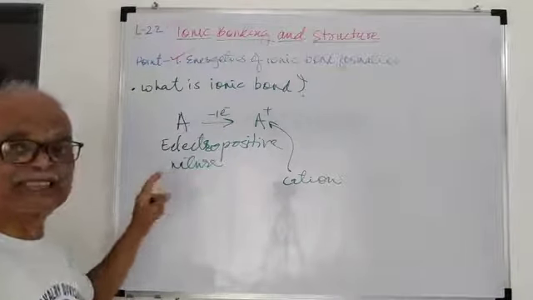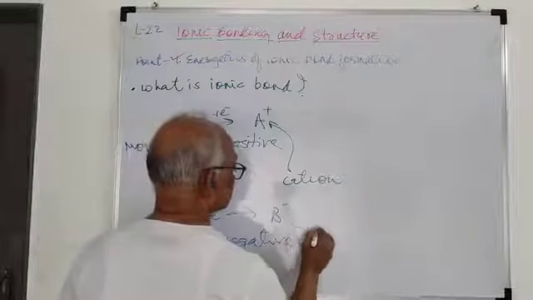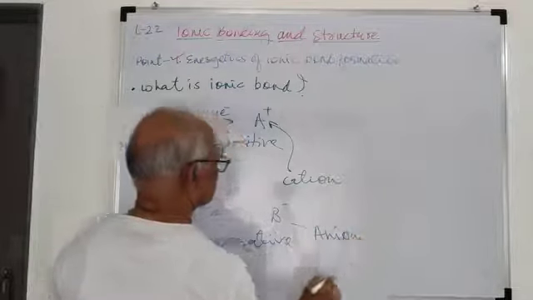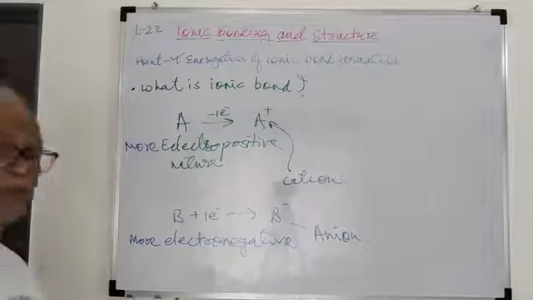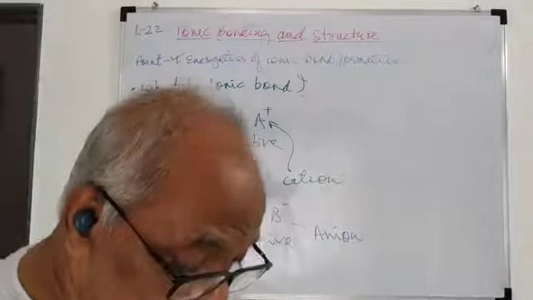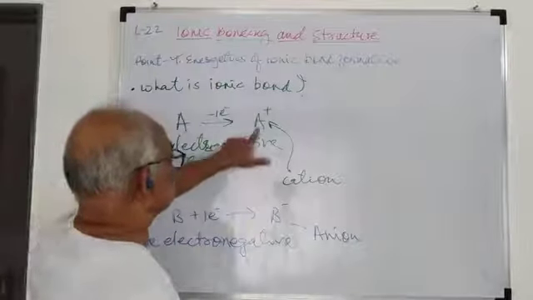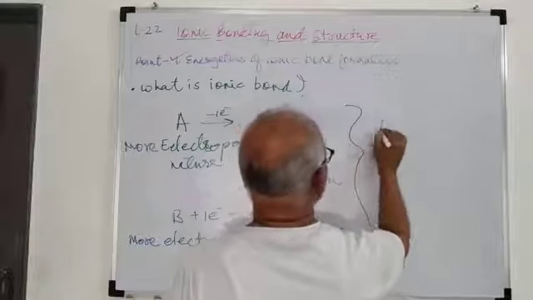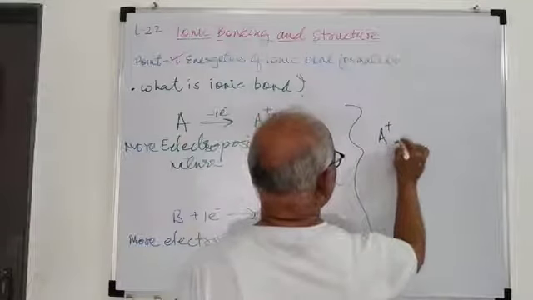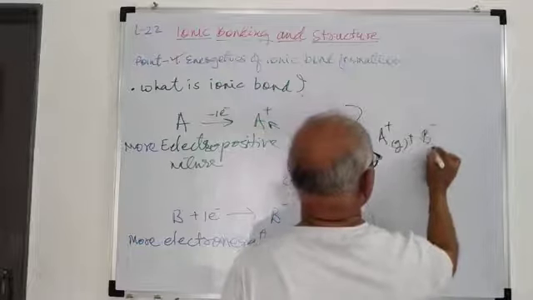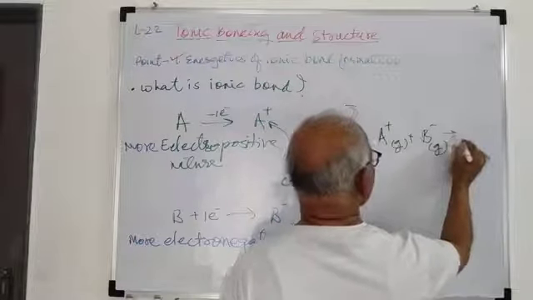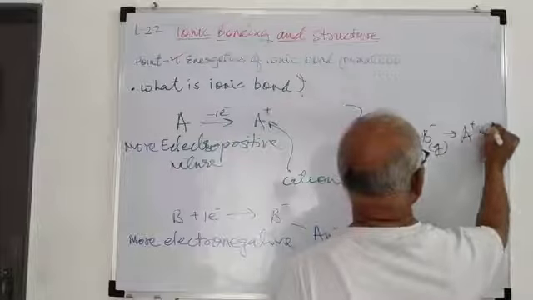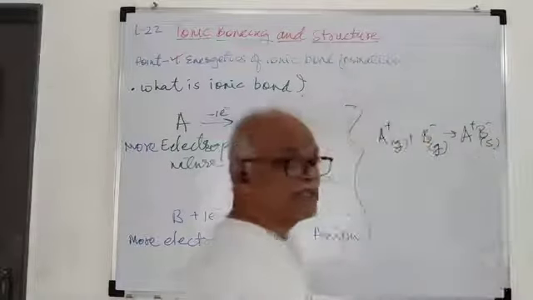This atom has a tendency to gain one electron and form a mononegative ion, that is called an anion. When this cation and this anion come together, that is A plus from its gaseous state and B minus from its gaseous state, they give us A plus B minus in the solid state.